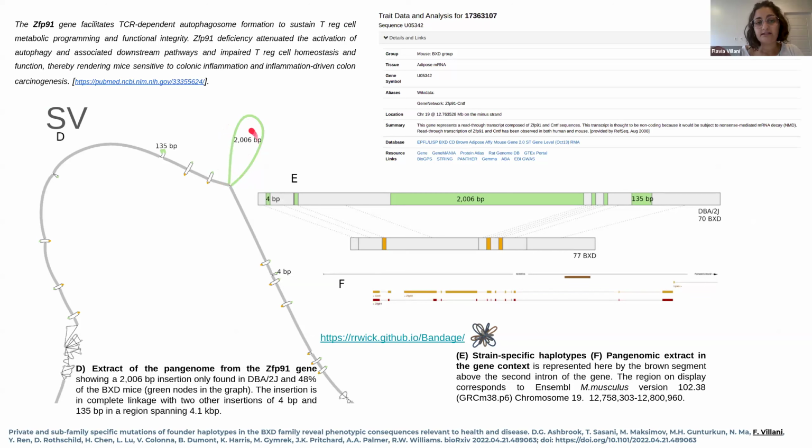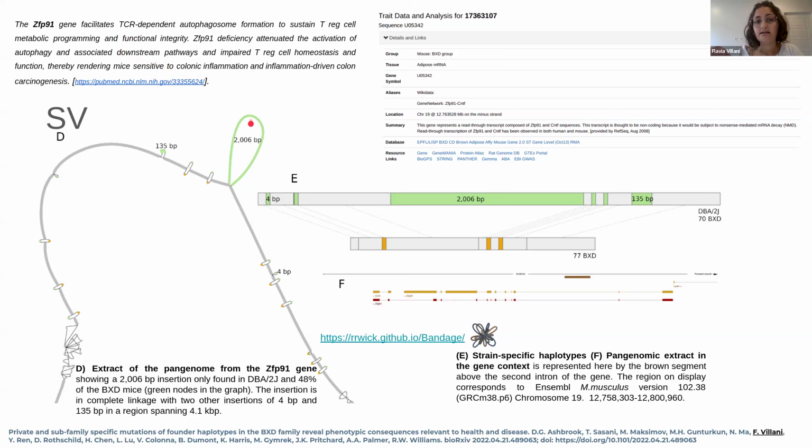And the other cool thing is that this insertion is in complete linkage with two other insertions of 4 base pairs and 135 base pairs. And this structural variation falls in a gene that seems to regulate T cell homeostasis.